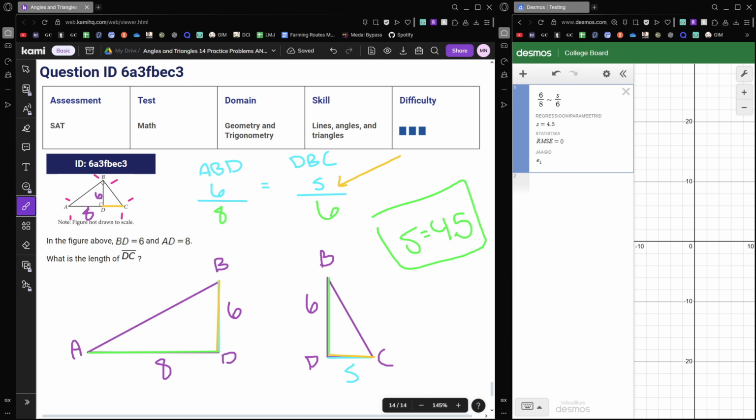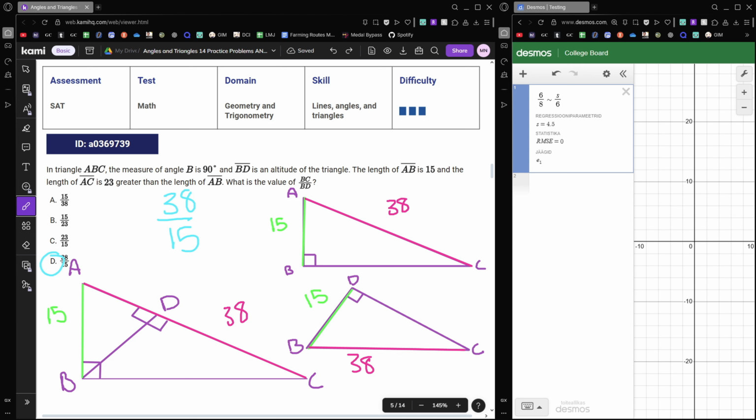Now, are we supposed to use the middle length side or the longest side in the bottom half? We're given information on side length AD, and in the triangle on the left, that's the middle length side. And then in the triangle on the right, we're given information on side BD, which is also the middle length side. So that's why we use the shortest side and the middle length sides in our proportion.